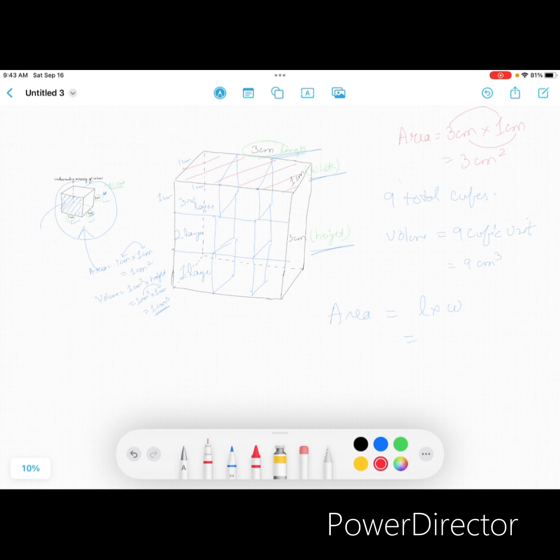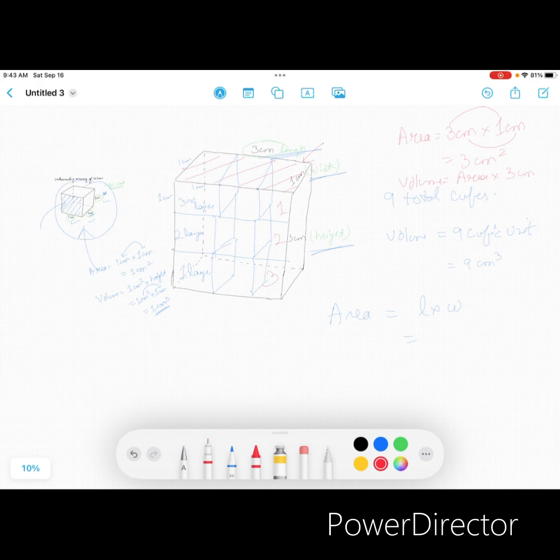Now what is the volume? Volume is area multiplied by number of layers, or unit layers. How many layers we have here? We have first layer, second layer, and third layer, or we can represent it in unit, which is 3 centimeter.